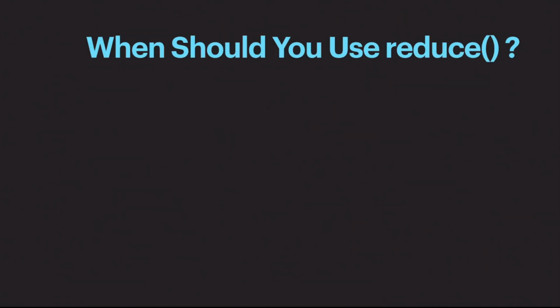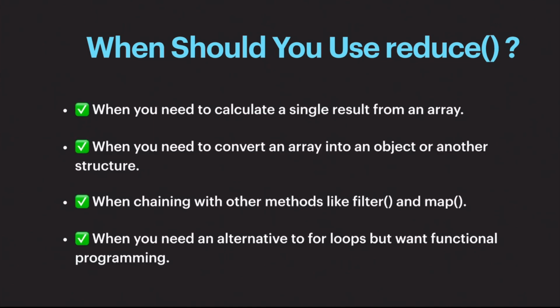The next question is when and where we should use reduce. When you need to calculate a single result from an array, you need to use reduce, because with the help of reduce you can easily calculate over all elements of the array. When you want to convert an array into an object or another structure, you can use reduce.